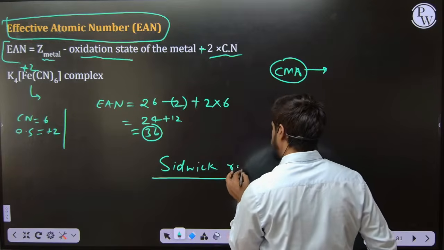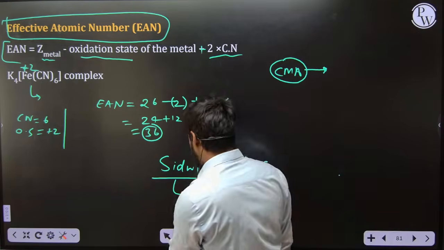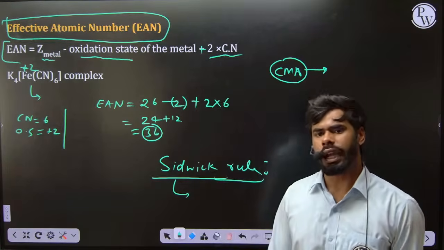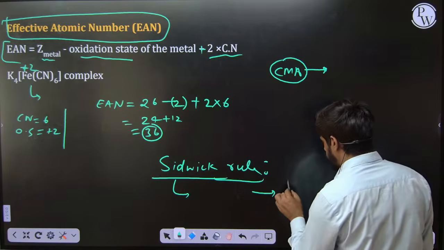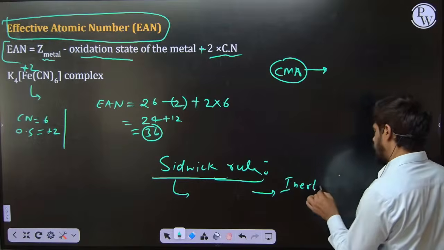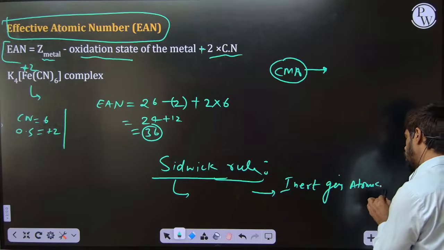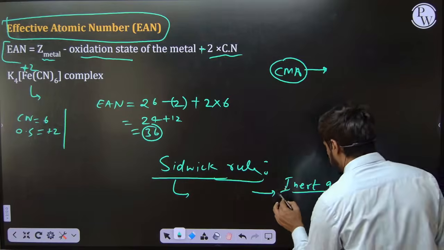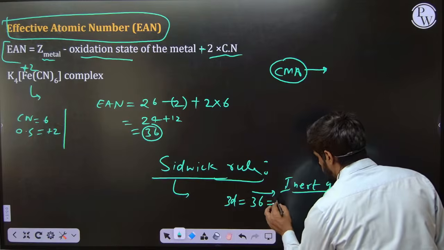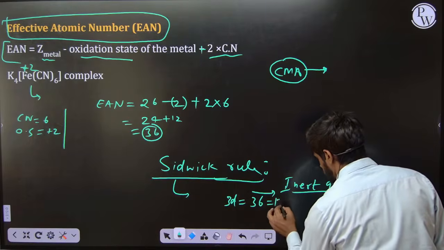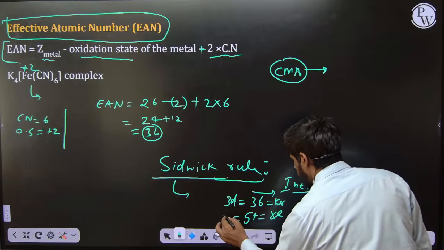Sidgwick's rule says that if a complex is formed with an EAN value near the inert gas atomic number, for example for the 3d series it is 36, that is krypton, and next is xenon, that is 54, for the 4d series.